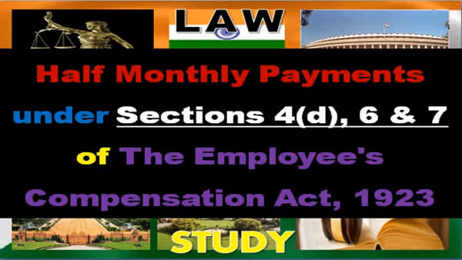Clause C, where permanent partial disablement results from the injury. Clause 1. In the case of an injury specified in Part 2 of Schedule 1, such percentage of the compensation which would have been payable in the case of permanent total disablement, as is specified therein, as being the percentage of the loss of earning capacity caused by that injury.